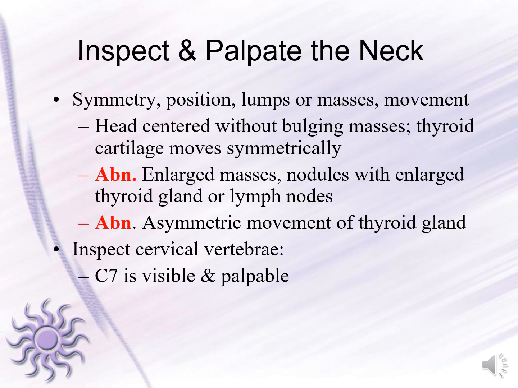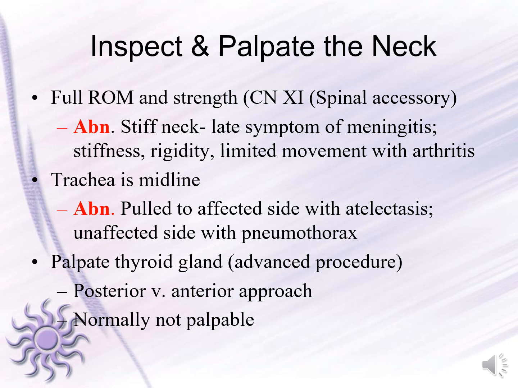When we're palpating the neck, we're also looking for symmetry, making sure the trachea is midline, there are no bulging masses or nodules on one side versus the other, and that the posterior cervical C7 is visible and palpable. There should be full range of motion, that's cranial nerve 11.